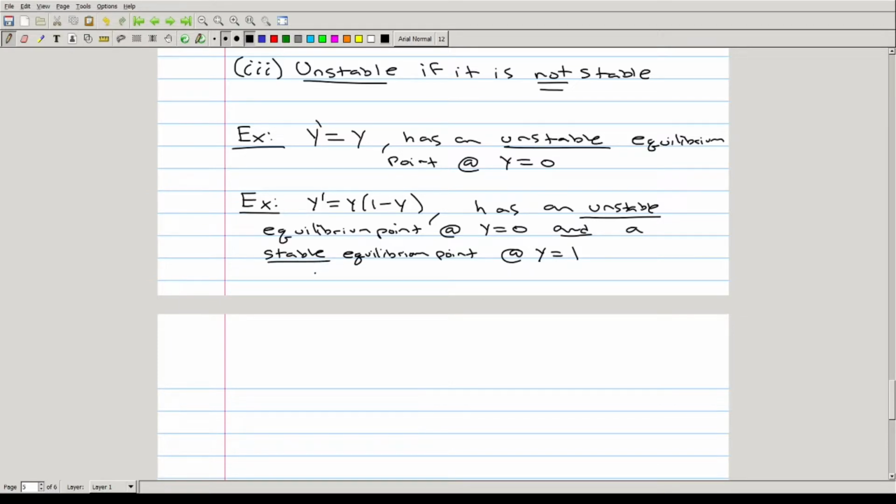This is actually asymptotically stable. So, an asymptotically stable equilibrium point at y equals 1.